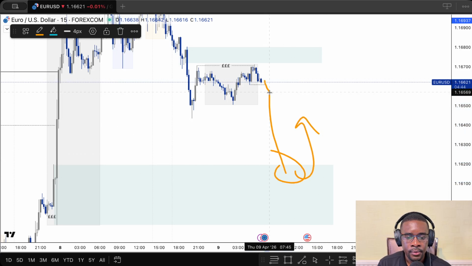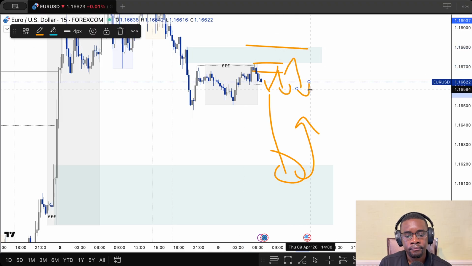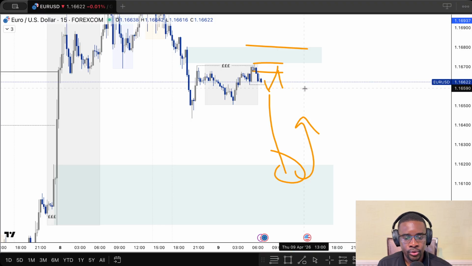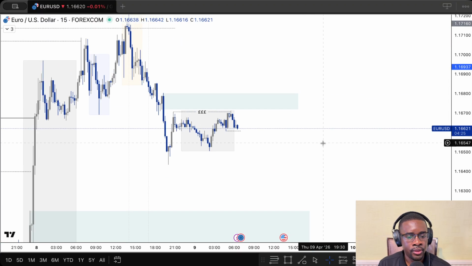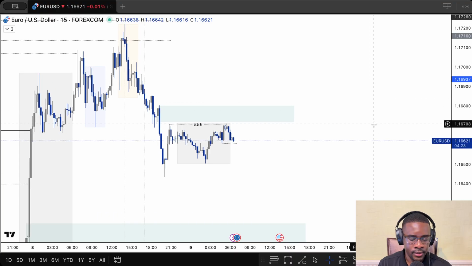As it stands, I might be expecting a sweep of these lows, price comes back up, mitigates anywhere in here, up to here, right, or like that. Okay, and then start looking for shorts. So that would be my trade idea for today for the Euro USD.